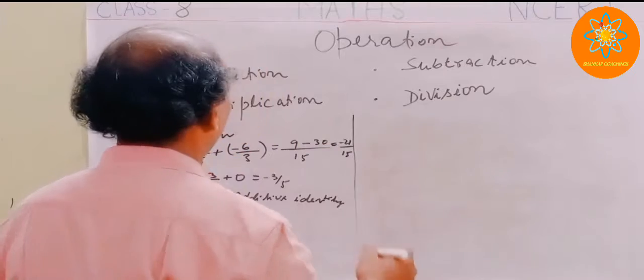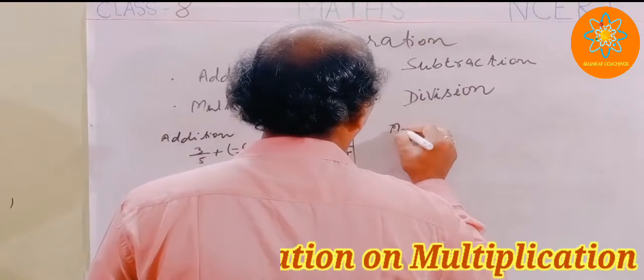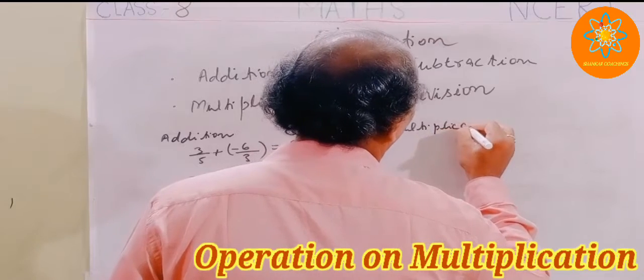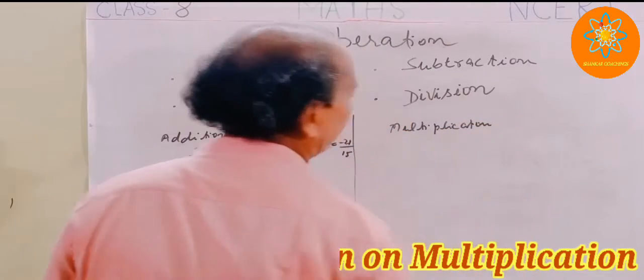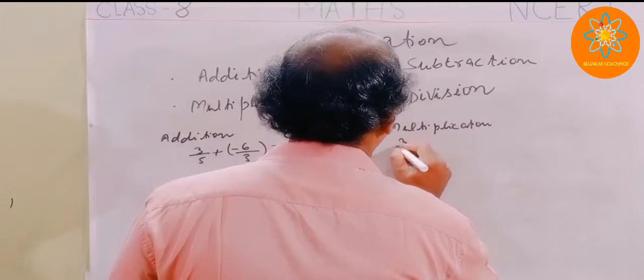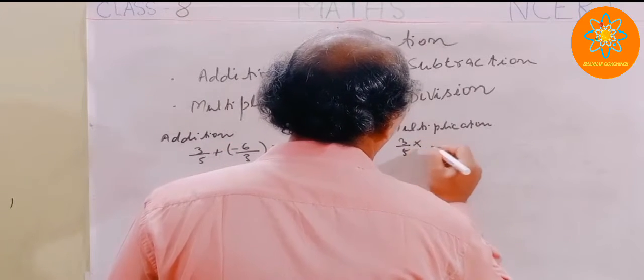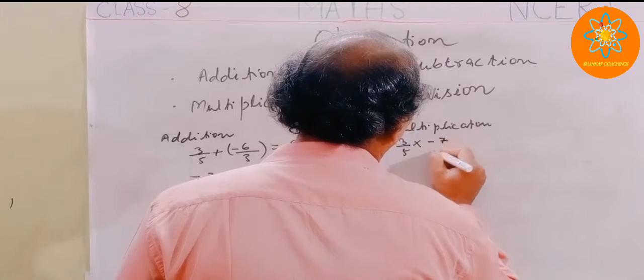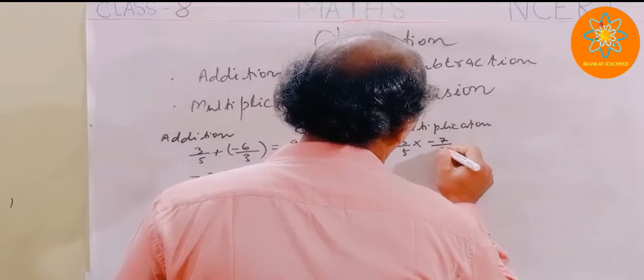After addition, you have the multiplication. Let's suppose I want to multiply 3 by 5 into minus 7 by 4.